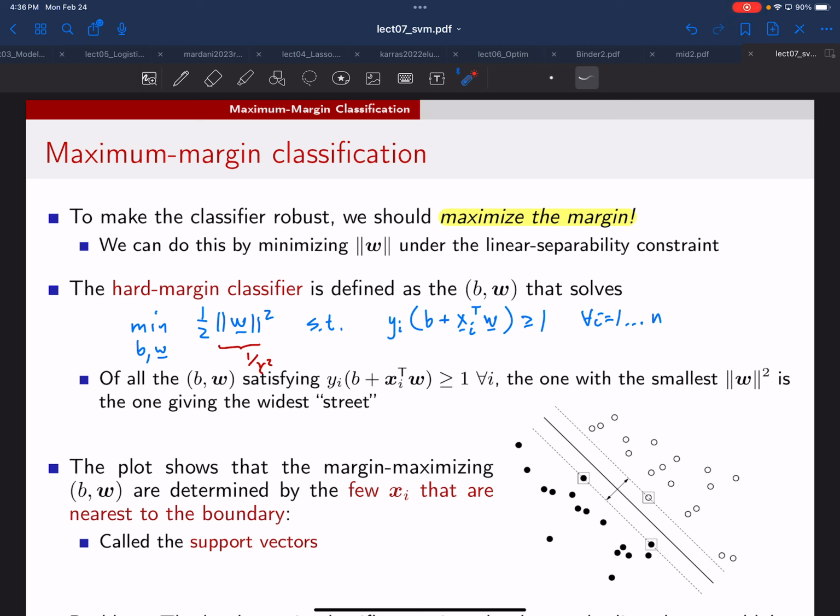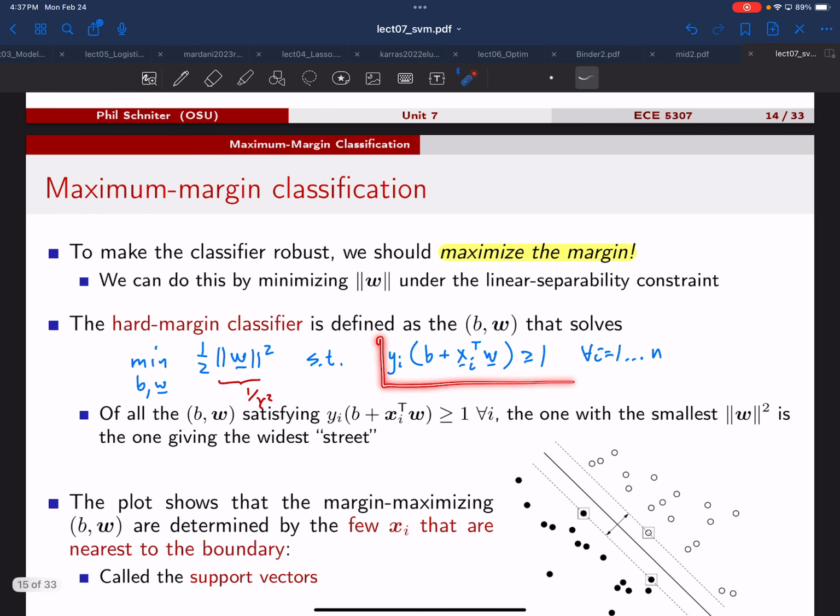But as we know, the Euclidean norm squared is nice. It's just the sum of the squares of the components. Okay, so here we're trying to minimize like the inverse squared margin, which is going to maximize the margin. And then this is the very important linearly separable constraint.